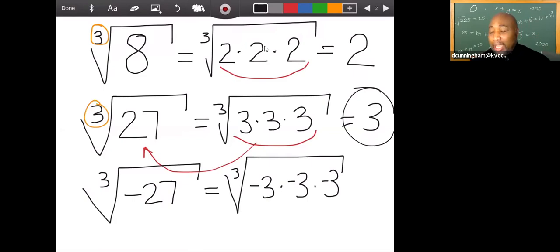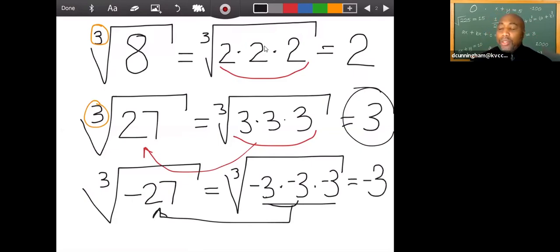So negative 3 times a negative 3 is a positive 9, times a negative 3 is a negative 27. So this does equal a negative 27, and all 3 of these numbers are the same. So in this case, the cube root of a negative 27 is a negative 3.